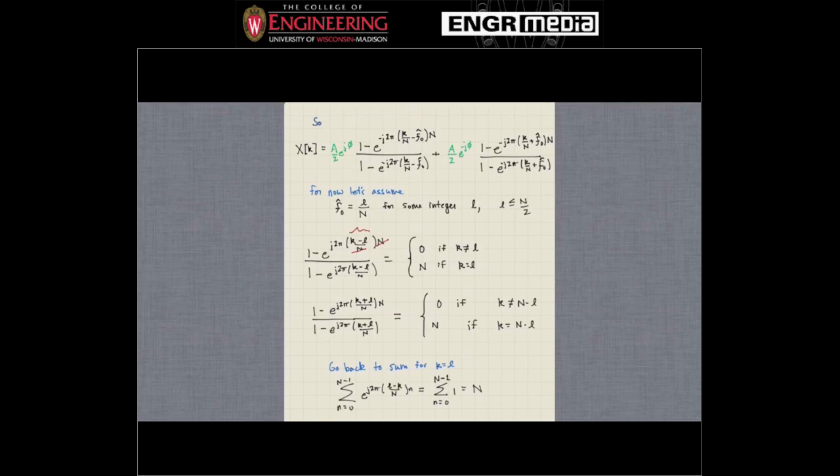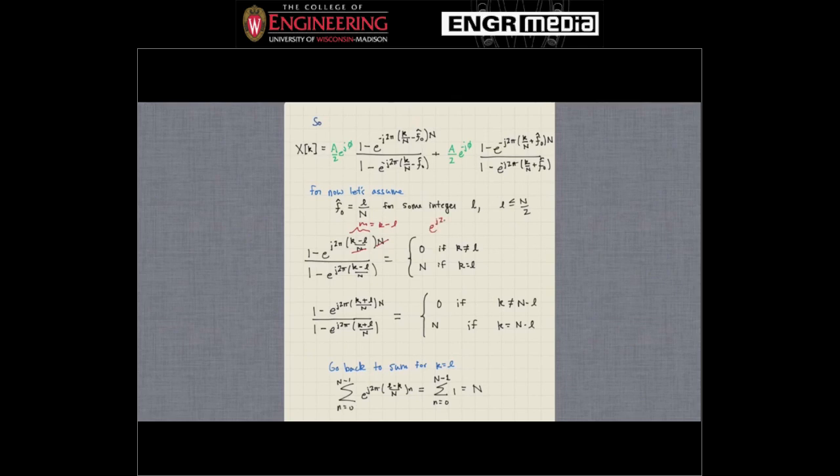Say the integer is m, where m is defined to be k minus L. And we always know that e to the j 2 pi times an integer is always equal to 1. You write that out.